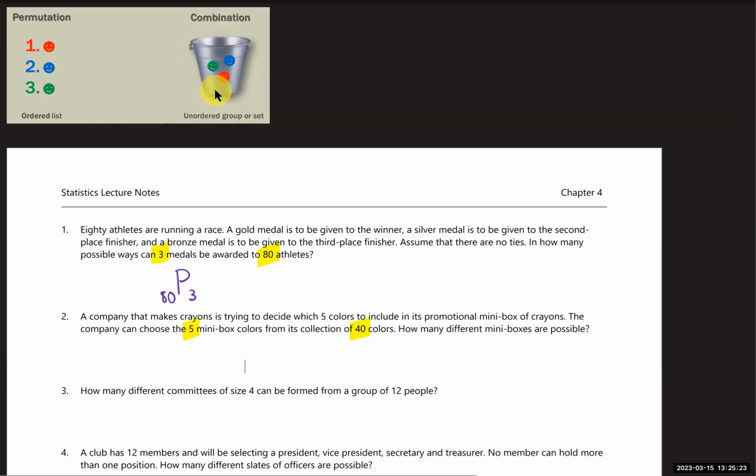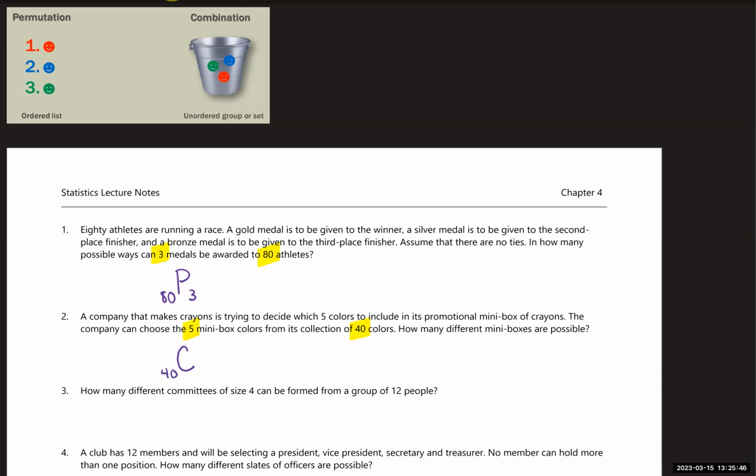So there's no discussion about ranking the colors or positioning the colors. They're just trying to pick their 5 colors that they'd like to put in their mini box. So that one you can think of as an ungrouped set, a collection. So if it doesn't say something about positioning or ranking, then it leads us towards collection or combination.